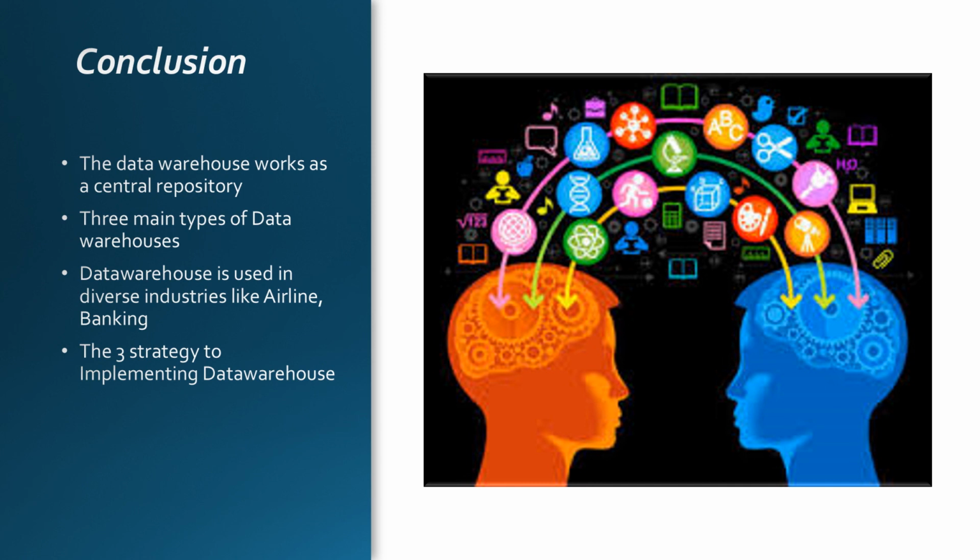A data warehouse is used in diverse industries like airline, banking, healthcare, etc. Implementing a data warehouse follows a three-pronged strategy: enterprise strategy, phased delivery, and iterative prototyping. Finally, a data warehouse allows business users to quickly access critical data from some sources all in one place.